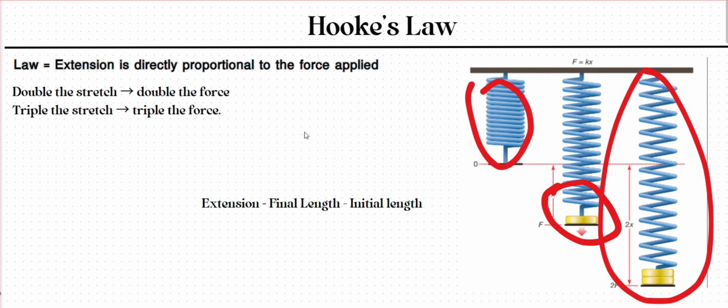Another thing you must remember is that since extension is directly proportional to the force applied, the amount of force will determine if it obeys elastic behavior or not. And what is elastic behavior? You cannot really stretch a spring forever, right? At some point it will either deform or it will break.